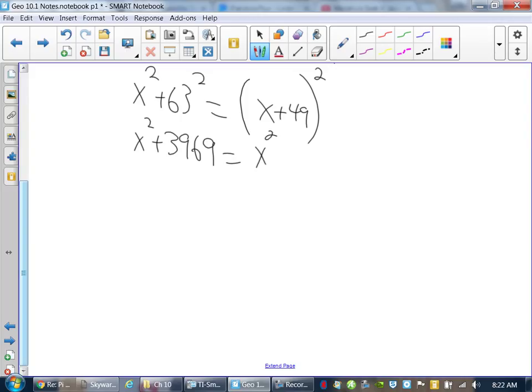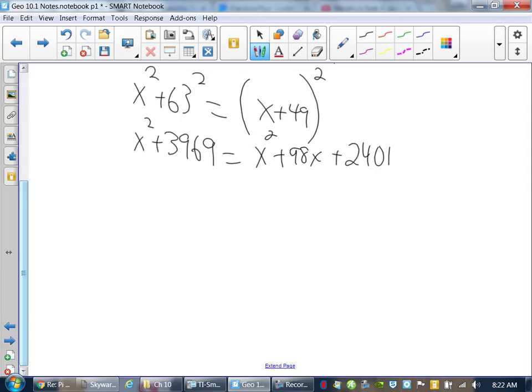Square the first term, square the last term, I bet you it ends in a 1. 2401. Now, to get the middle term, anytime you do junk squared, just double that number and put the x next to it. So what's 49 times 2? 98. That's the shortcut. Could you go ahead and write out x plus 49, and FOIL it all out and get the same answer? Yeah. Absolutely.